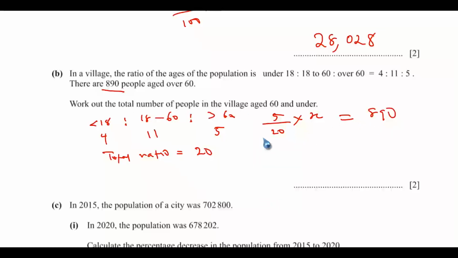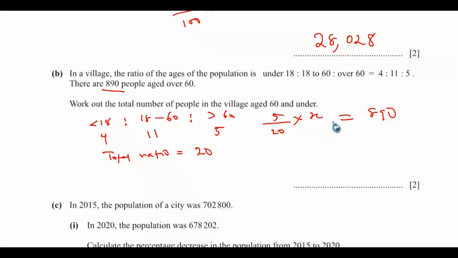From here, you can get the total population, that is the value of x. Once you do that, it's easy to get the other things you need. So let's find the value of x.